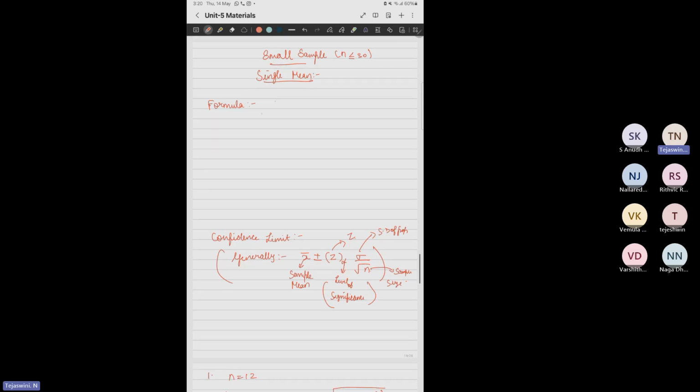for small sample, the value of t will be x bar minus mu divided by s by root n if population standard deviation is not given.